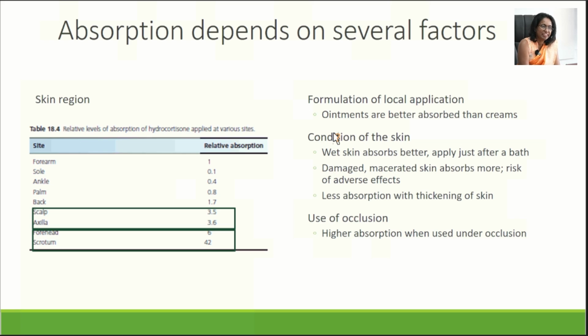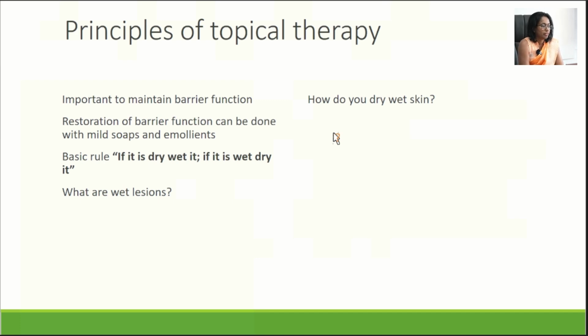So again, the absorption of even the mildest forms of steroids that you apply on those areas will be much higher when you wear tight-fitting undergarments on top of that. So remember all these things when you think of prescribing anything to be applied on those sensitive areas of skin. Then there are some other principles of topical therapy.